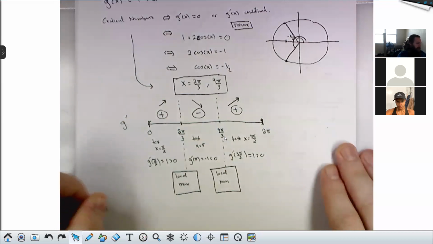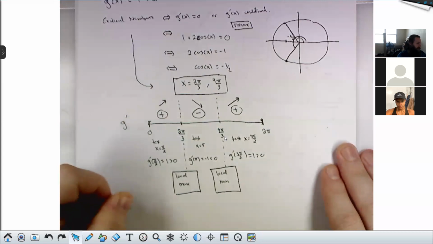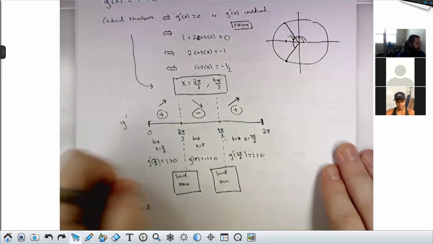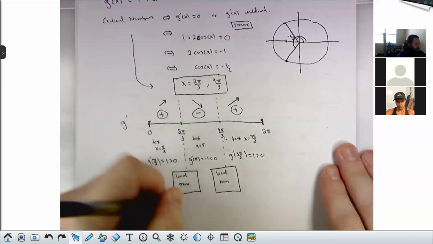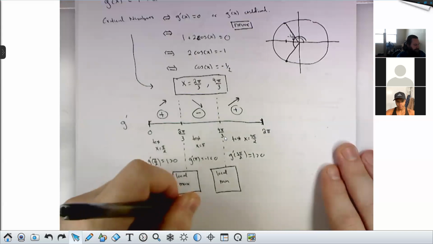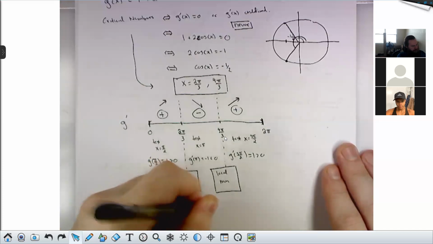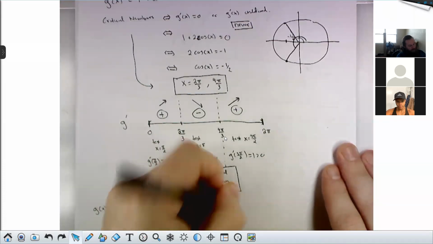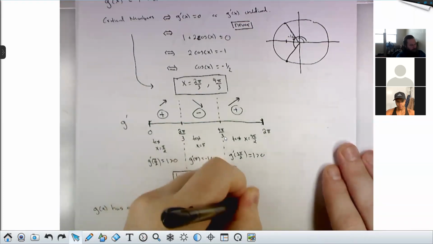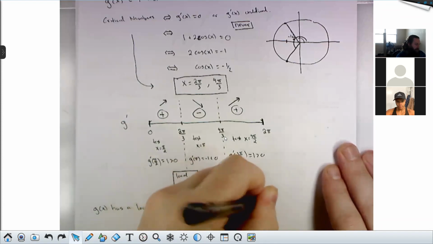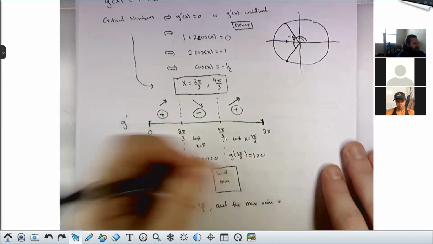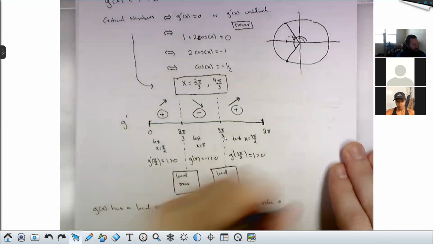So I'd say g of x has a local max at x equals 2 pi over 3. And the max value is g of 2 pi over 3.